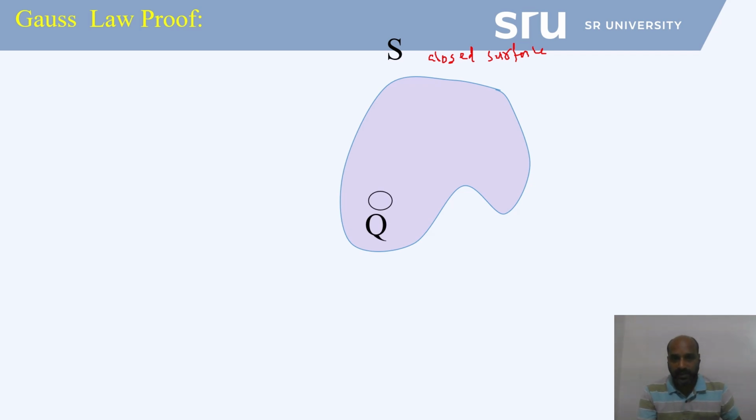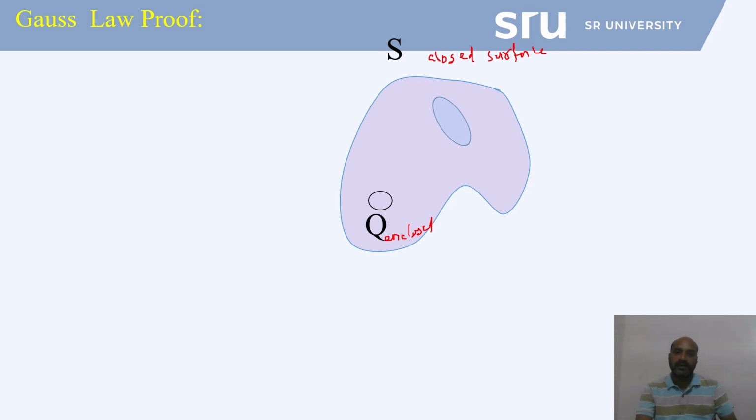I mean, this surface is enclosing some charge Q. See, this is a two-dimensional view. I previously drew the three-dimensional view, but I will still draw it. Now this surface is enclosing some charge Q, enclosed by the surface.